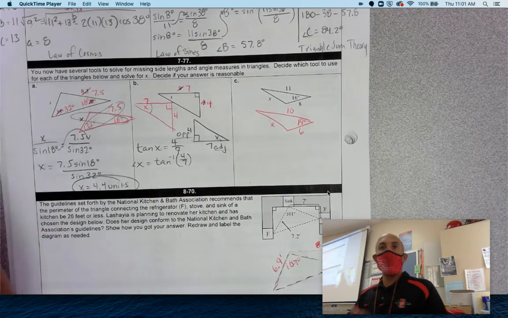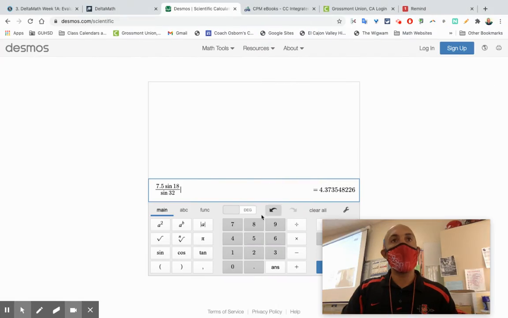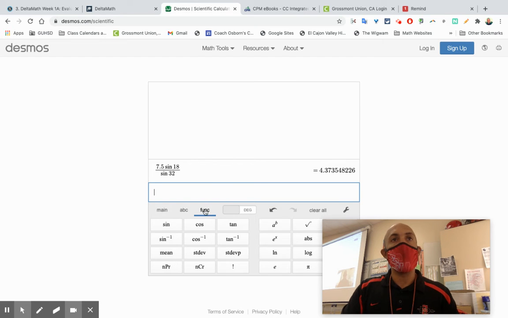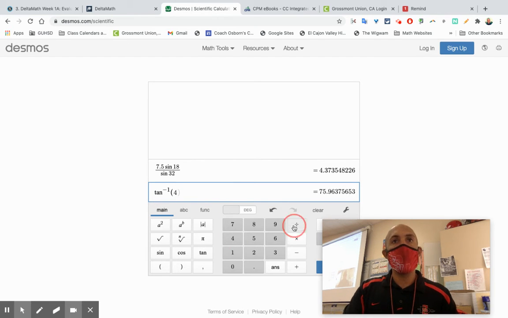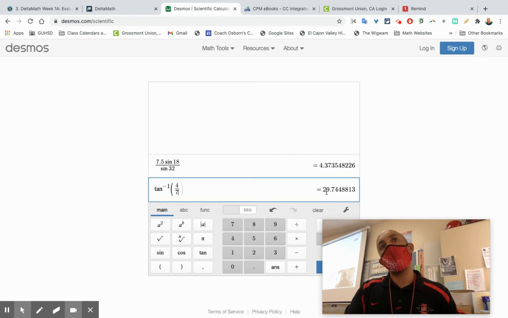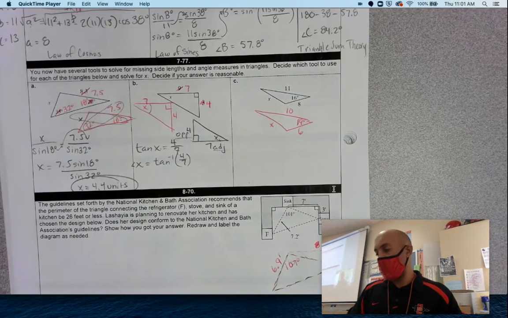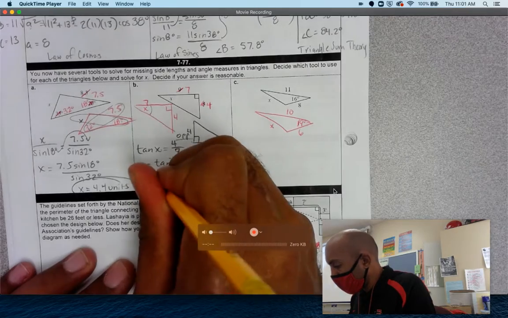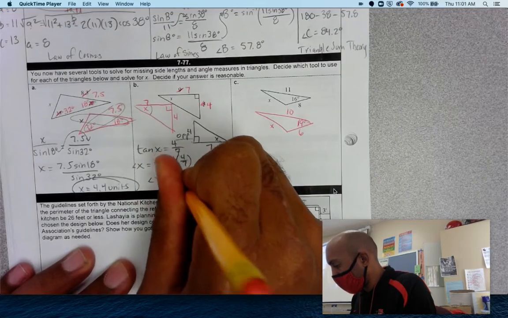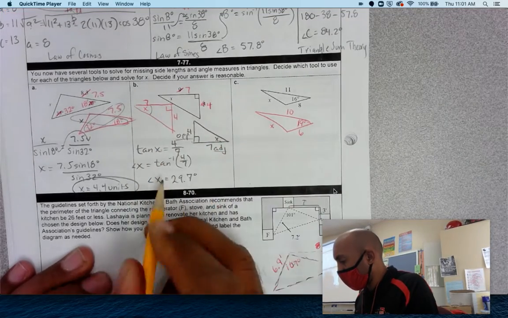So let's plug that in. Just like before, go to function, tangent inverse, and then it's 4 divided by 7, and we will round that to 29.7 degrees. So angle x is equal to 29.7 degrees.